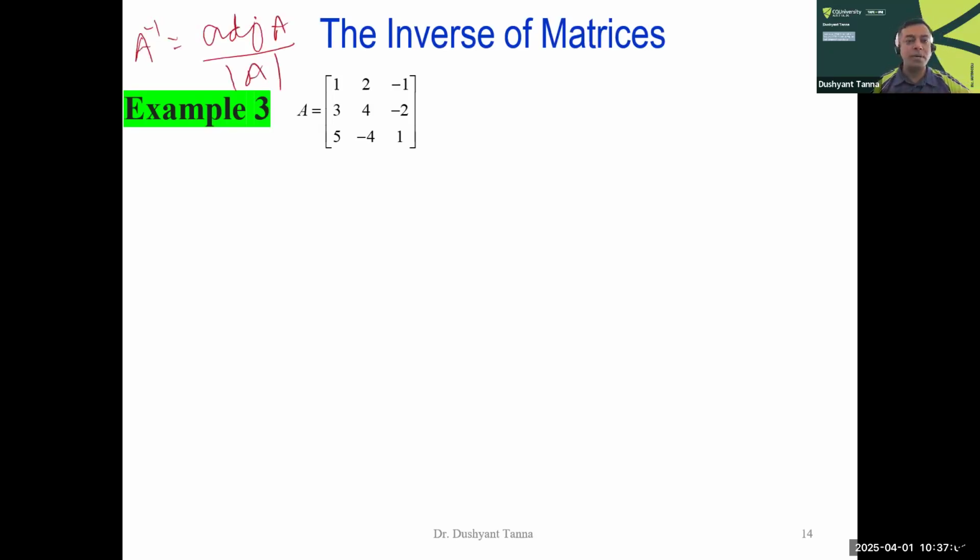Adjoint A over determinant A. So we have to find the adjoint. First of all, we have to find the determinant. That's the first thing. Once we find the determinant, if it is non-zero, only then will we find the inverse.